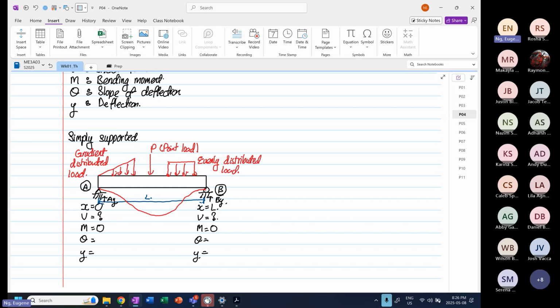I don't want any of you to memorize all this; I will help you remember. y is equal to 0 at x is equal to 0 and x is equal to L, and the moments are all equal to 0. So let's focus at point A.